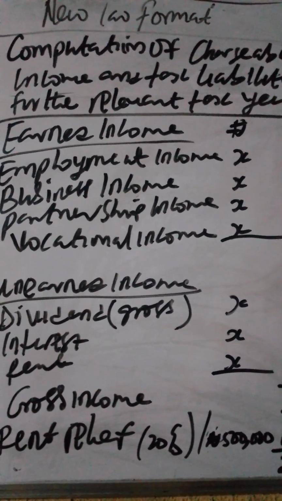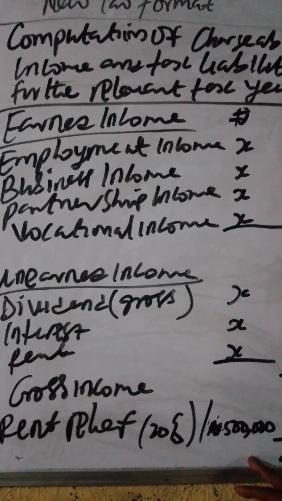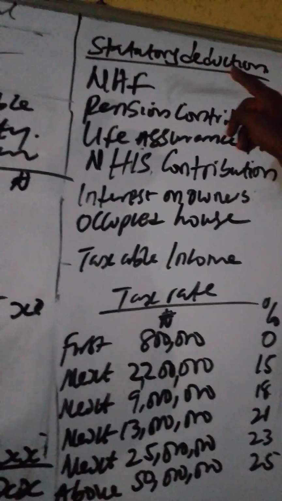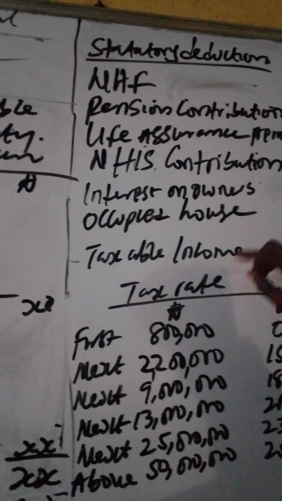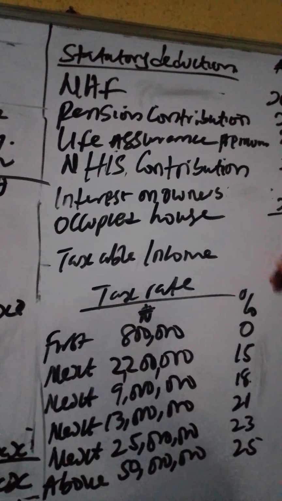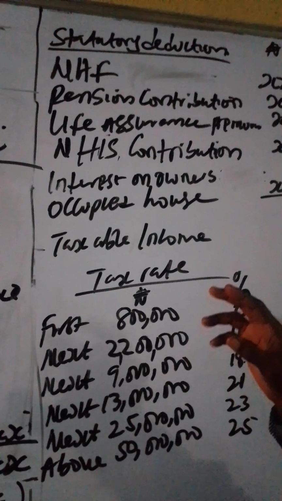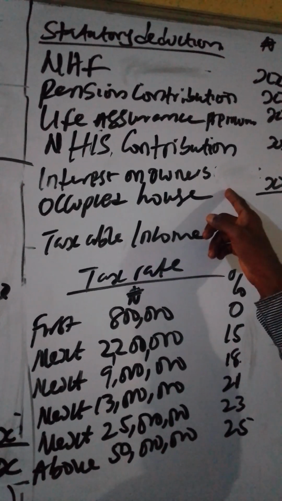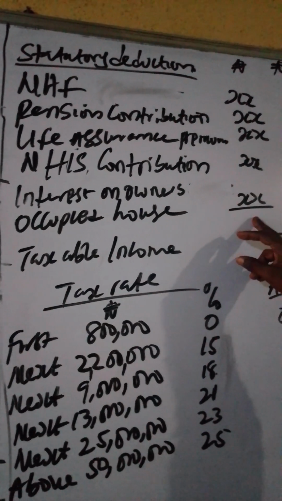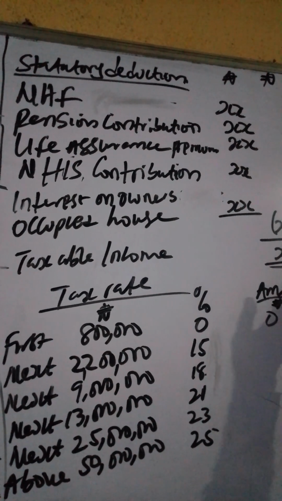When you deduct that, you still come to pick your statutory deductions, the same statutory deductions. What was included here is that if you own a house which you took a loan to build, the interest charge on that loan is also deductible before you can get your taxable income.